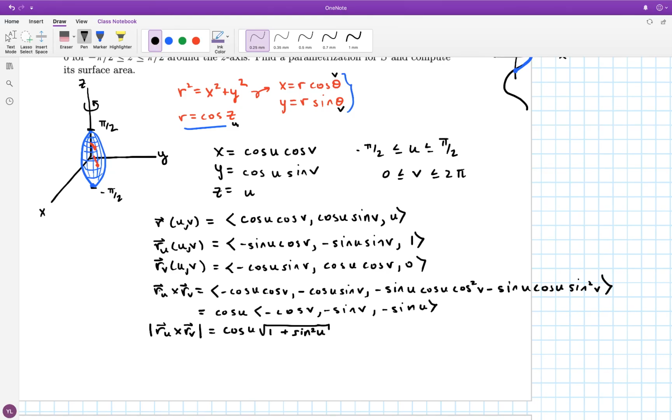Okay, there you go. So I've taken the cross product of r_u and r_v. I factored out a cosine u, and I used the fact that cosine squared v plus sine squared v is 1 in the k term. So here is the magnitude of that cross product, and now I can set up my integral for surface area.